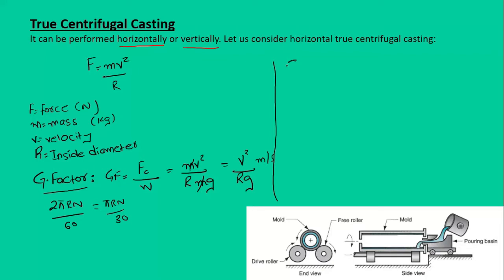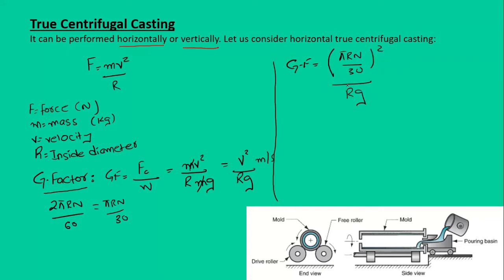So the GF would be equal to pi r n by 30, whole square, divided by r g, and we have r square.